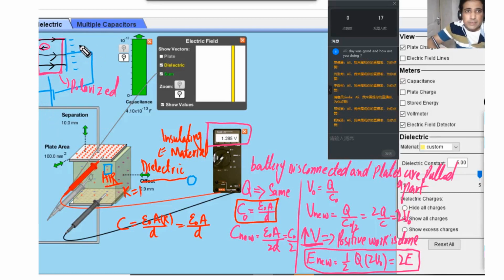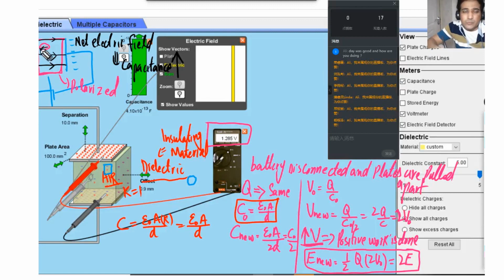So the net electric field decreases, which means the ability to store more charge will increase, or simply we can say that the capacitance of the capacitor will increase. So by inserting a dielectric, we can increase capacitance.